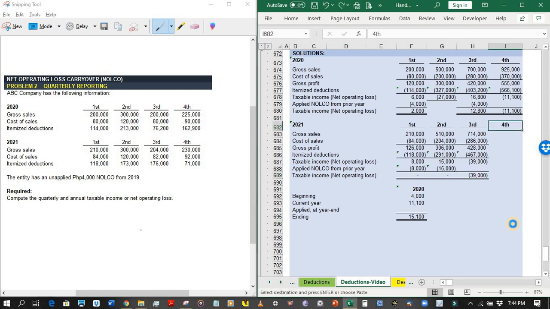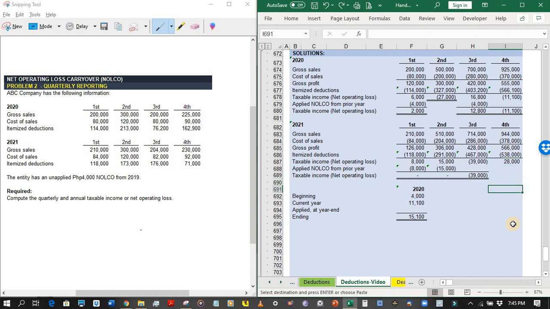So the fourth quarter is 944,000 for gross sales. And this is covering the 12-month period of 2021. Then the cost of sales for the year, which covers 12 months, is 378,000 pesos. Then the gross profit is 566,000 for the year. Then the itemized deduction for the year is 538,000 pesos. So we have a taxable income of 28,000 pesos.